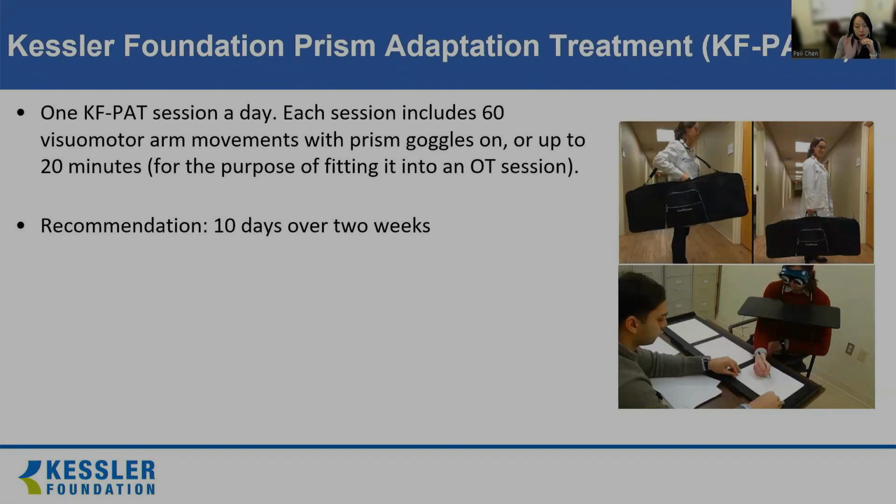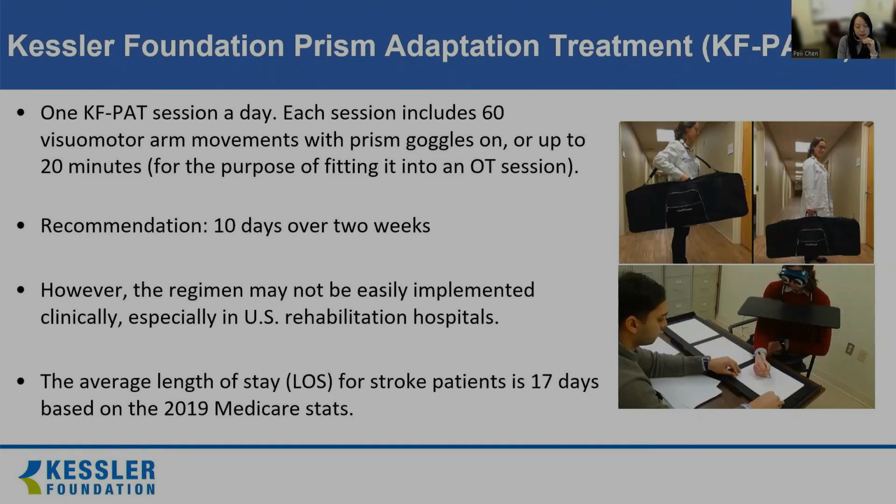Okay, so this is the treatment protocol that I mentioned a few minutes ago. However, this regimen may not be implemented easily in the United States, because patients only stay for about 2 to 3 weeks in rehab hospitals. So 10 sessions, some therapists think, is very difficult to implement.